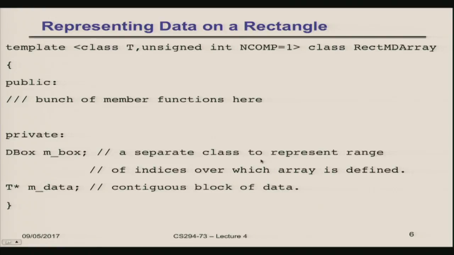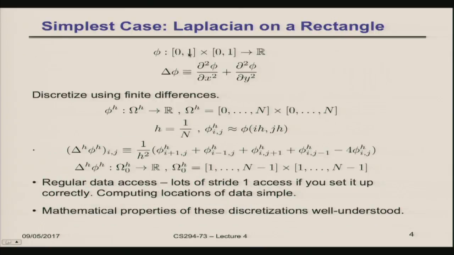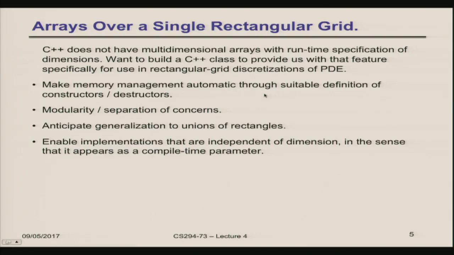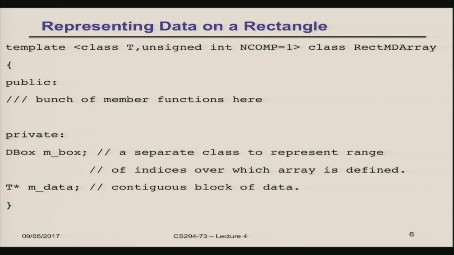So what's a box, though? A box is that range of indices. So remember I had back here the range of indices over which my arrays were defined, whether it's phi or the operator applied to phi. That is a first-class object. That is a defined type in our programming system here.